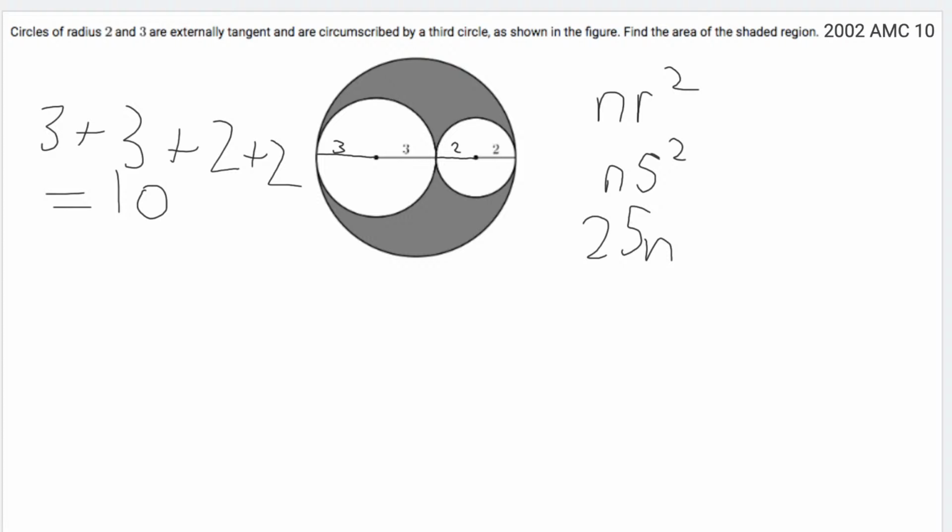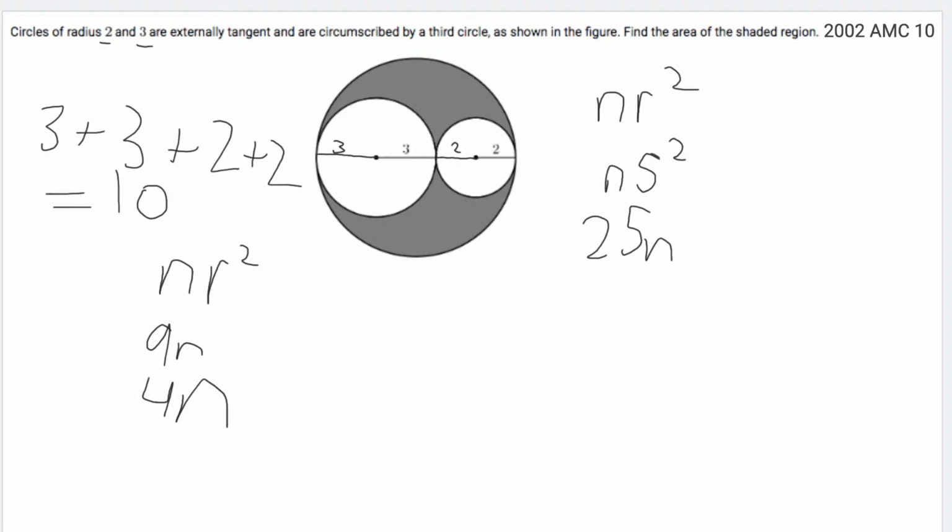Now to find the shaded region, we subtract the two smaller circles, whose radii are 2 and 3. Substituting into pi r squared, the radius 3 gives 3 times 3 is 9, times pi is 9 pi, and the radius 2 gives 2 times 2 is 4 pi.